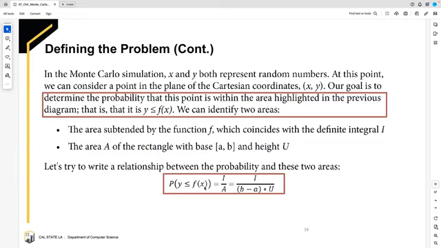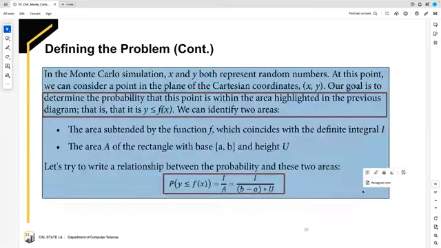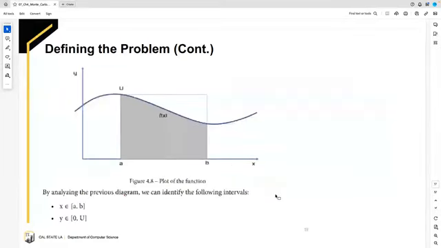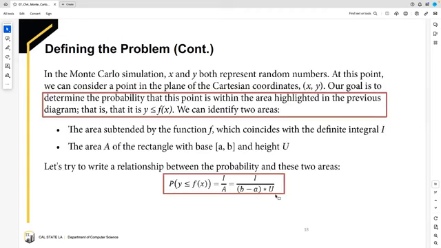So if I want to calculate this probability based off of what is defined here, I just simply divide I by A. I is something that I don't know, so we're gonna work on that. A, which is the rectangle area, is B minus A, which shows us this segment, multiplied by U, right? Because it starts from 0 here. So the area of the box, or A, is B minus A multiplied by U.